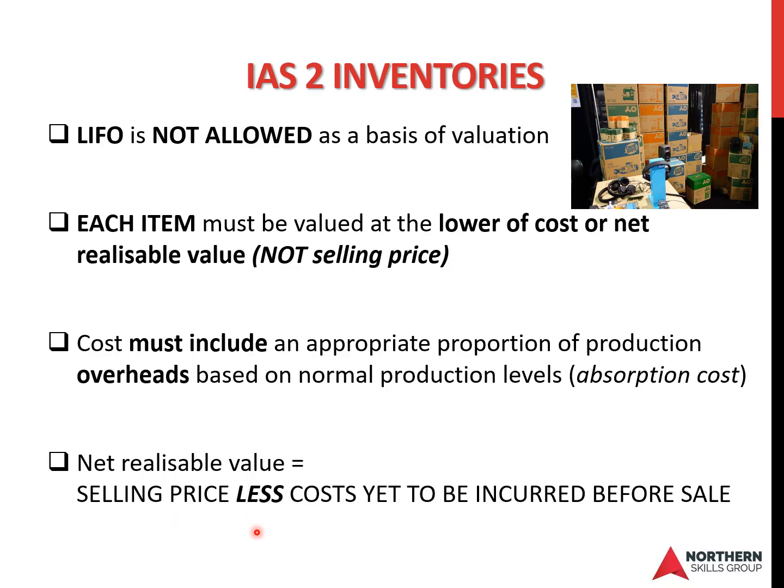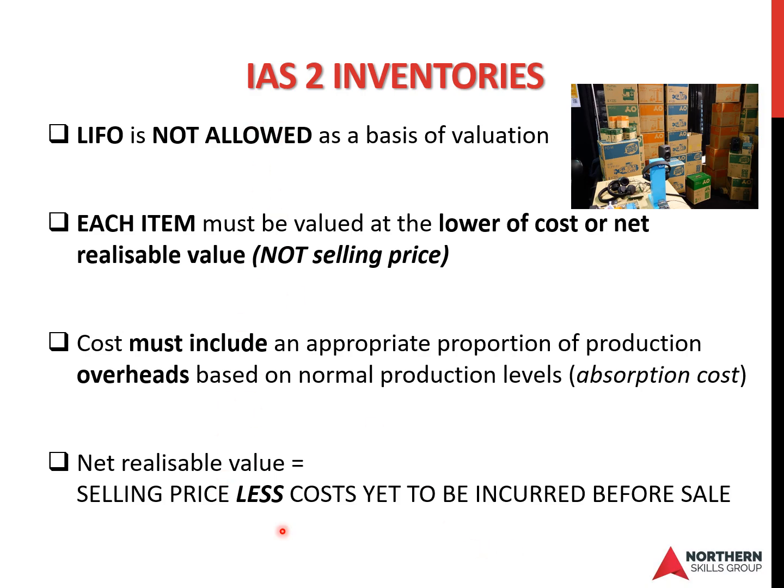So how much would a person pay for a particular item in the state it is at the moment? They would probably look at the selling price of a completed item and deduct from it how much they're going to have to pay to get the item finished. So that's net realizable value, selling price less costs to be incurred in the future before sale.